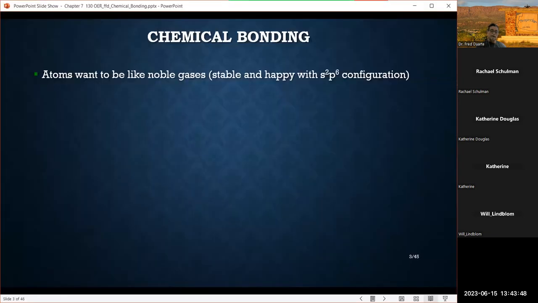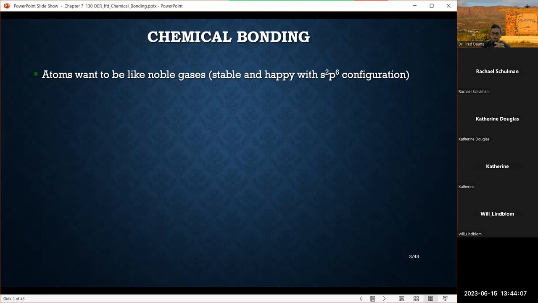All right, we talked about this, that atoms want noble gas electronic configurations, meaning that their outermost shell is full with that magical number of 8 electrons surrounding the outermost shell.